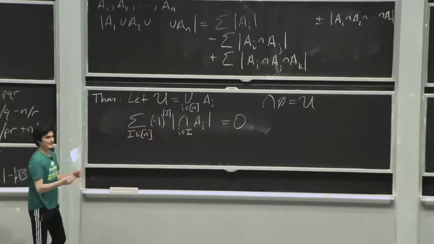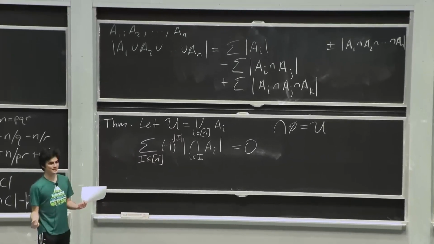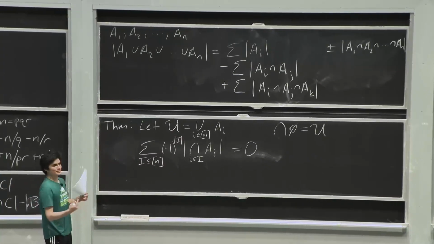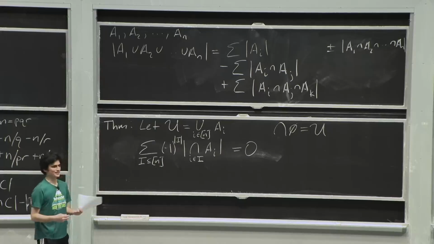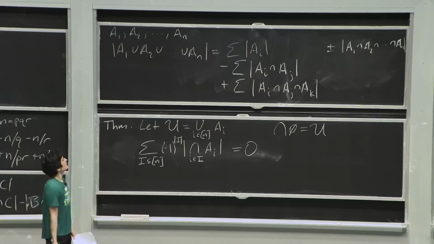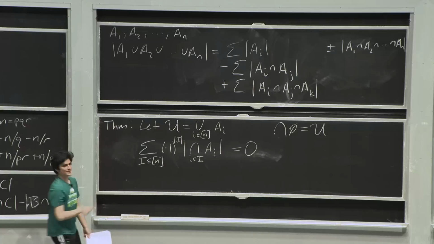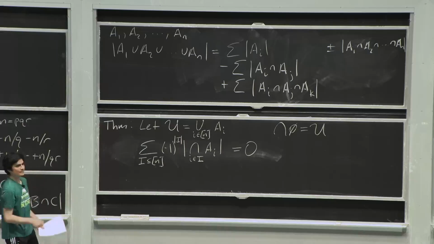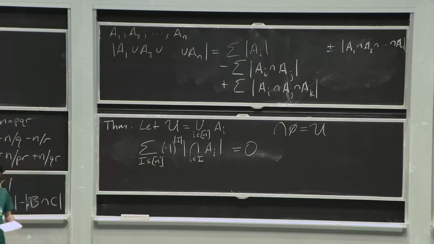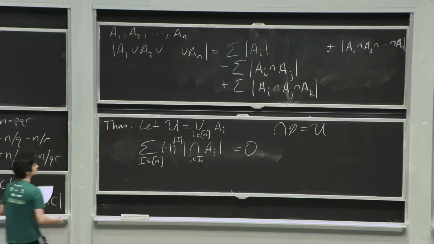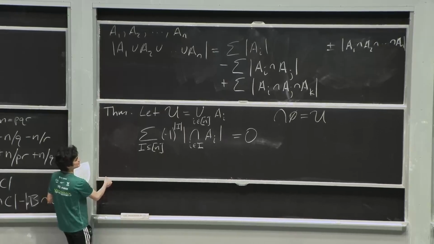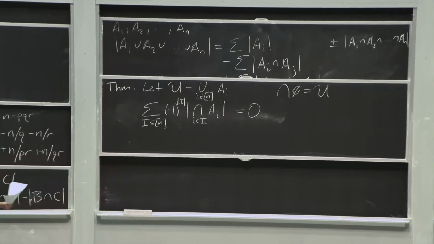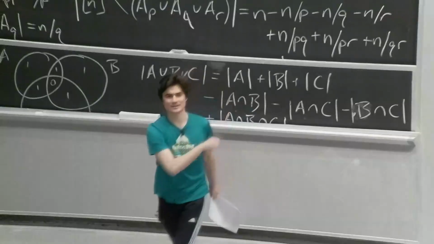We're taking I-way intersections, and we're flipping the sign on successive sizes of I, and we're just moving this union over to the other side, so we get 0. If that formula is too much, you can think about the previous formula.